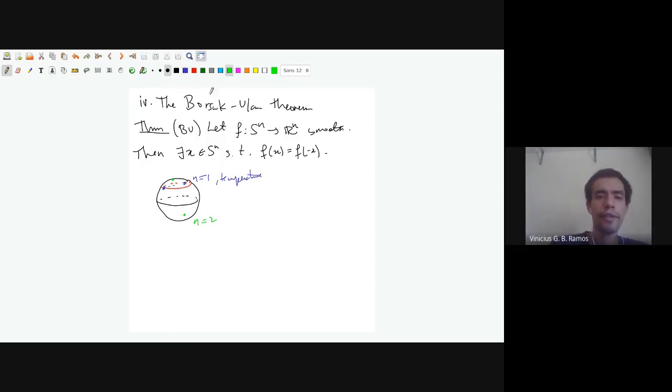For n equals 2, you want temperature and pressure. Okay, so that's a nice little application of the theorem. Any questions about the statement? It's very simple. Okay, so let's prove it.